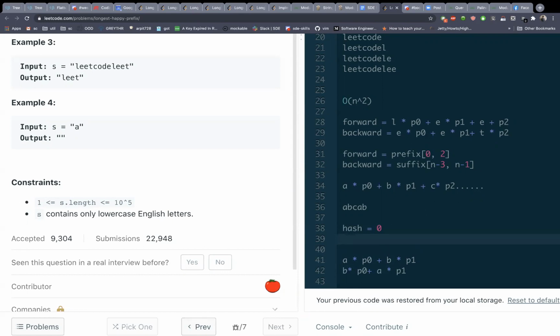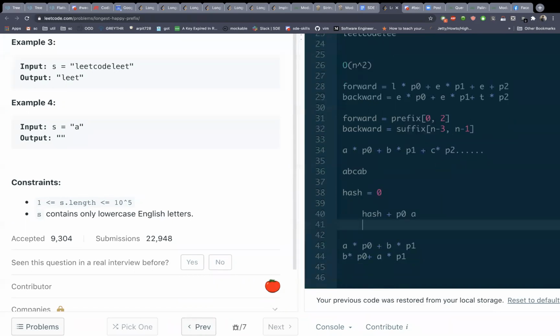Then for the first character A, we can do hash plus P0 into A. So this I'll get first. Then let me formulate it.